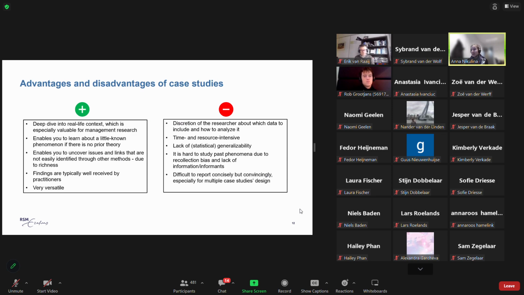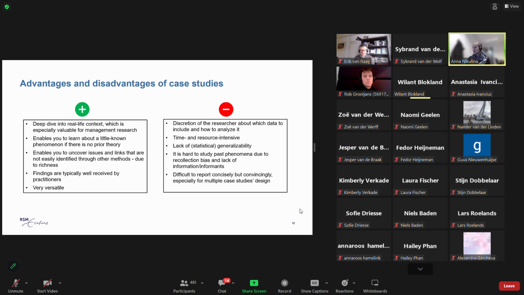And they're really difficult to write about, because all this richness that you discover needs to be somehow systemized and shortened and put in a text that makes a good story for the reader, but it's really not easy because there's a lot going on in any case study. So these are things that maybe balance each other, but if you decide to do case study, you need to be mindful of these potential drawbacks and risks.